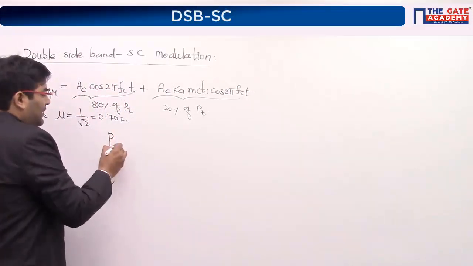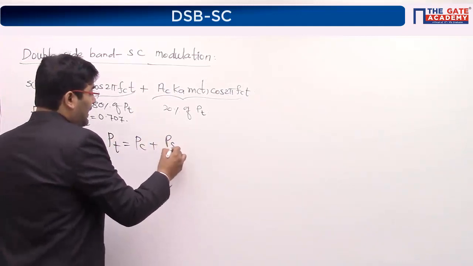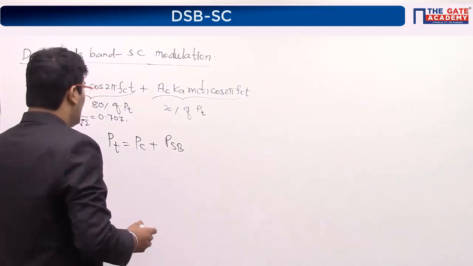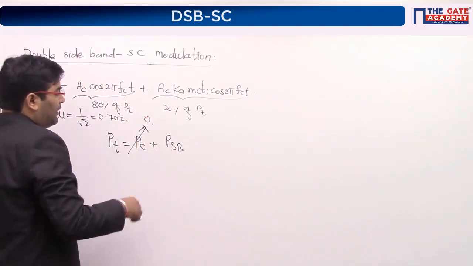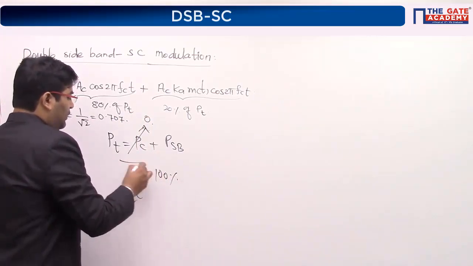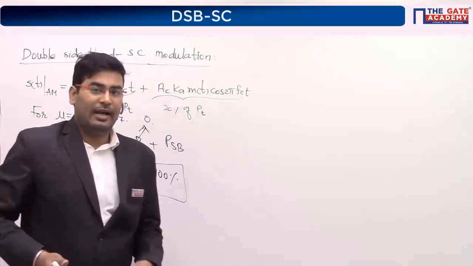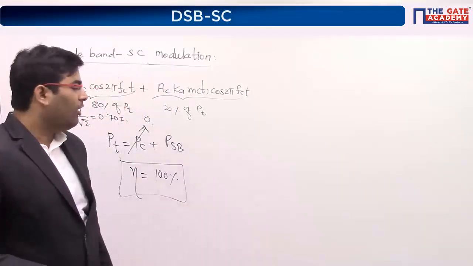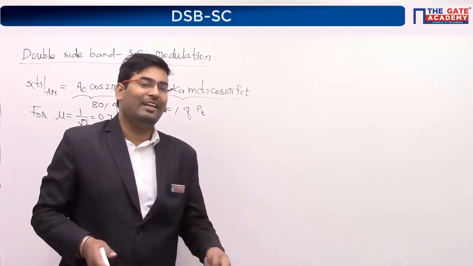and that's where we need double sidebands. If you recall, total power was power in the carrier plus power in the sidebands, right? If I just take the carrier power down, make it 0, you can clearly see that your efficiency becomes 100%, because whatever power you have in the sidebands is totally usable. Now the question is how will you suppress the carrier? It's very simple. We will not send it at all.